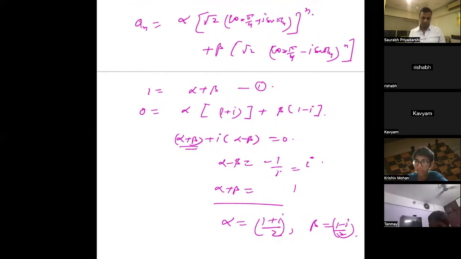Okay, everyone. This is one of the beautiful equations, right?